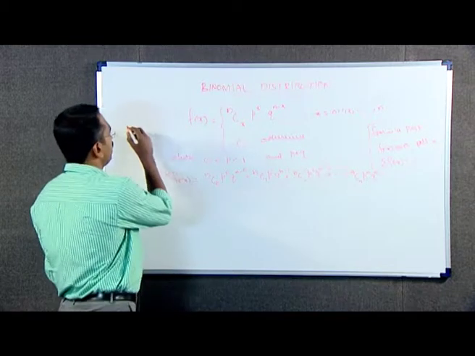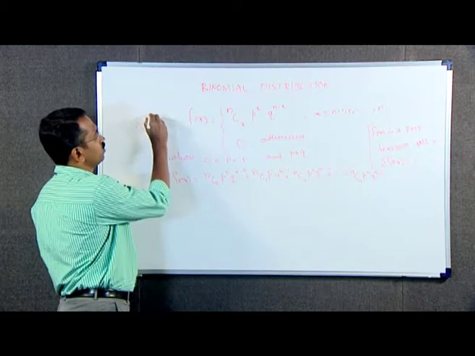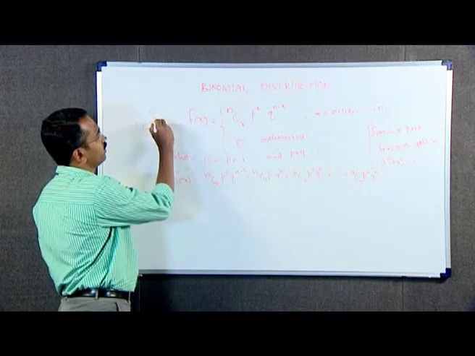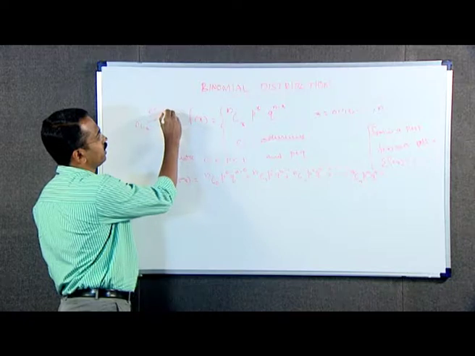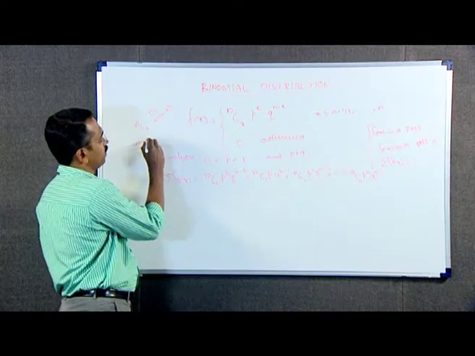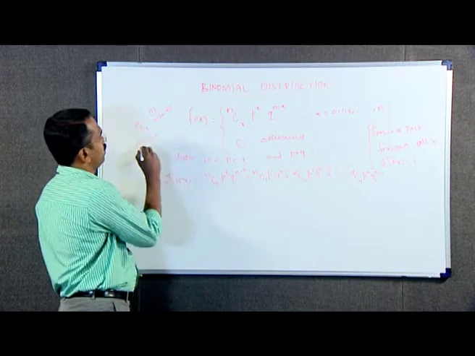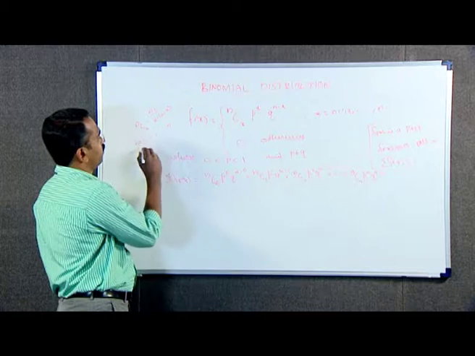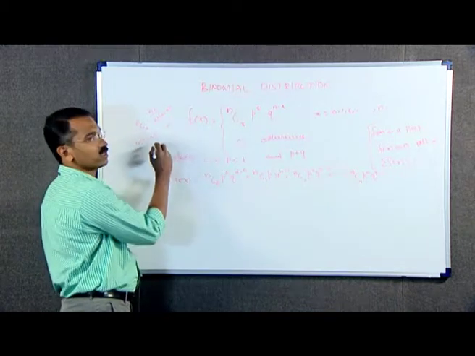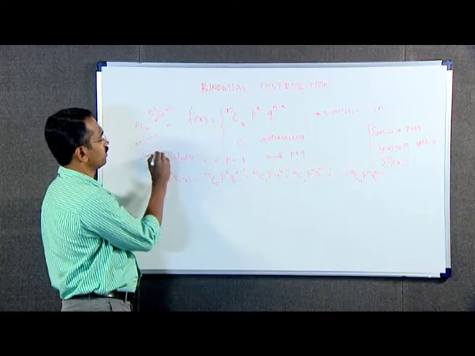Here note that the definition of nCx is equal to n factorial divided by x factorial into n minus x factorial, where n factorial is 1 into 2 into etc. up to n, if n not equal to 0, and if n equal to 0, 0 factorial is 1.